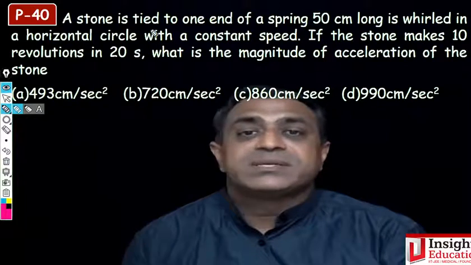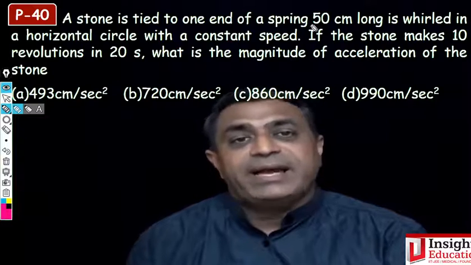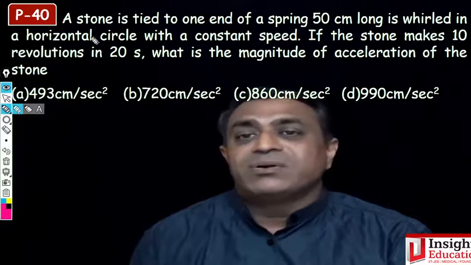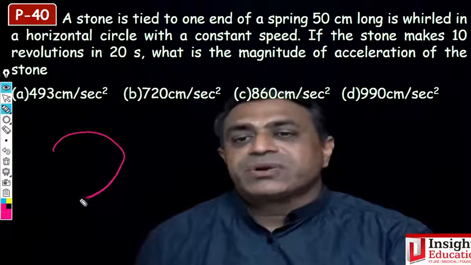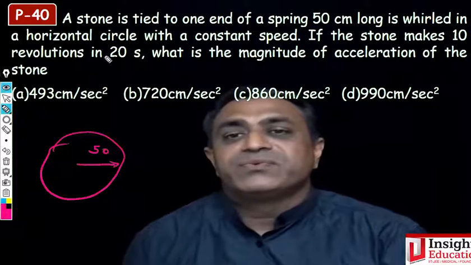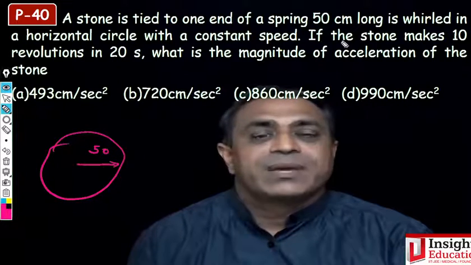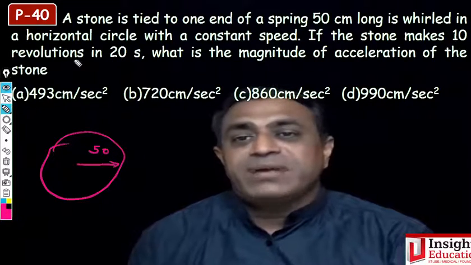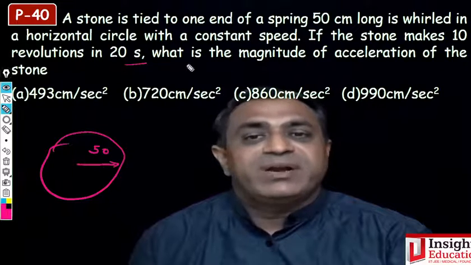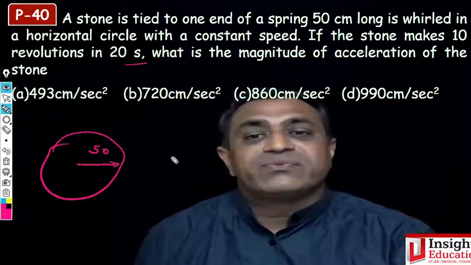A stone is tied to one end of a string 50 centimeter long and whirled in a horizontal circle, so radius is equal to 50 centimeter. If the stone makes 10 revolutions in 20 seconds, what is the magnitude of acceleration?